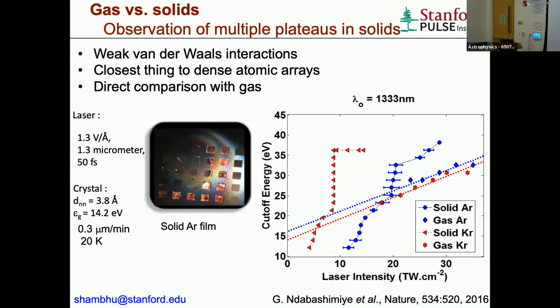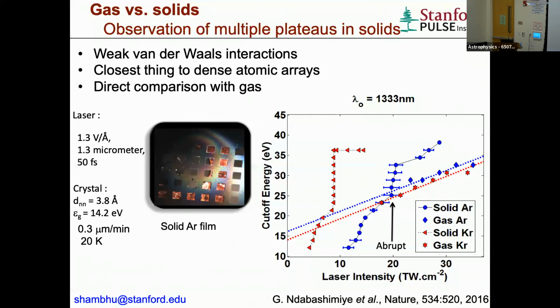And in this plot, what he has shown is the high energy cutoff, the upper limit of the photon energy, as a function of the laser intensity. So here in the gas phase, he produces this nice straight line as predicted from this semi-classical model. But in the solid, there is something really interesting and more complex that occurs.